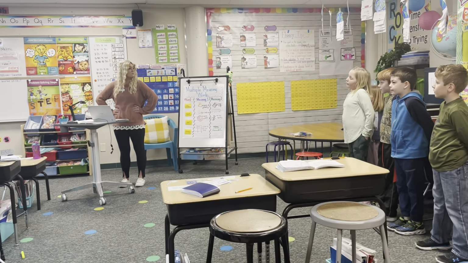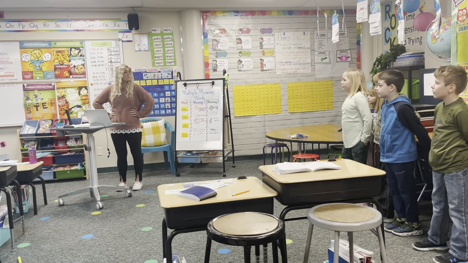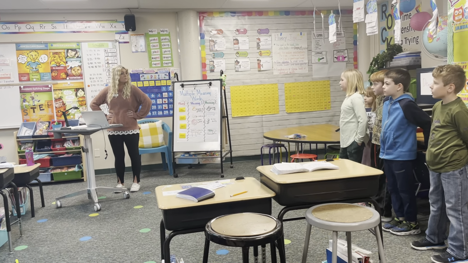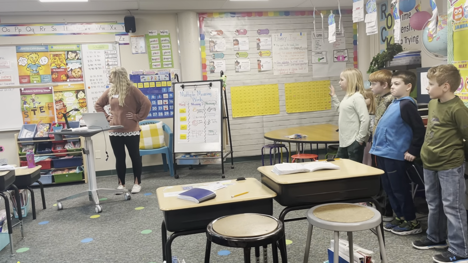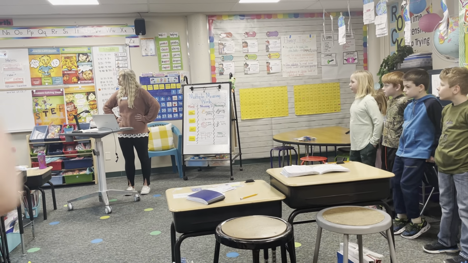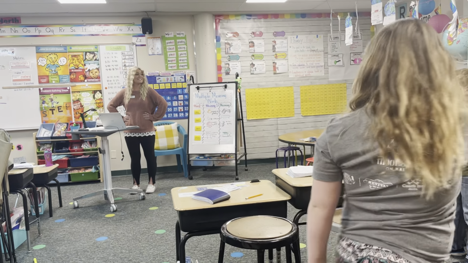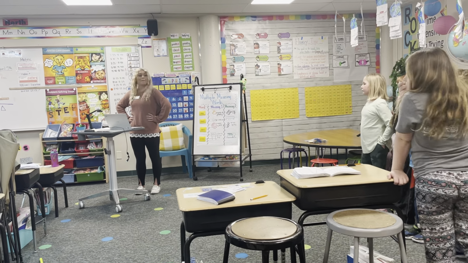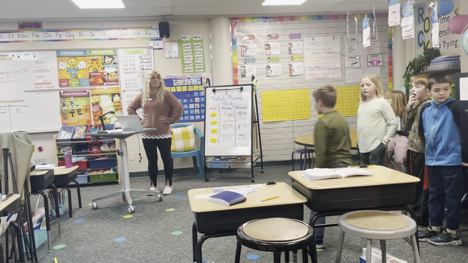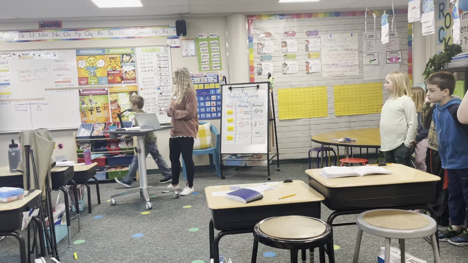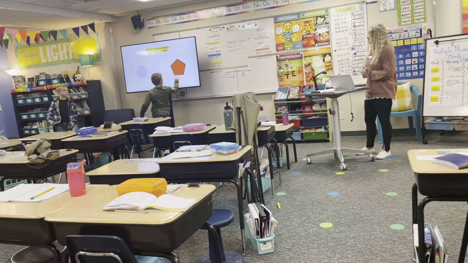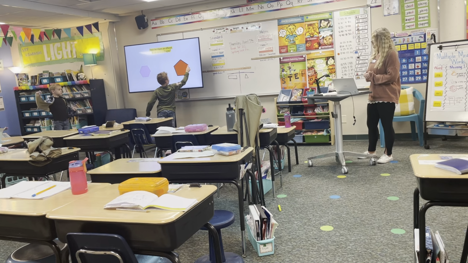The orange one has 5 and the other one has 6. Sides? Okay, so points. Because there's 5 points here, come up to the board. You can point. 1, 2, 3, 4, 5.